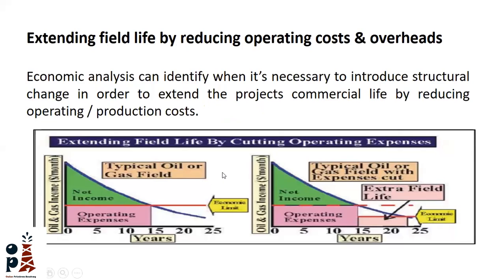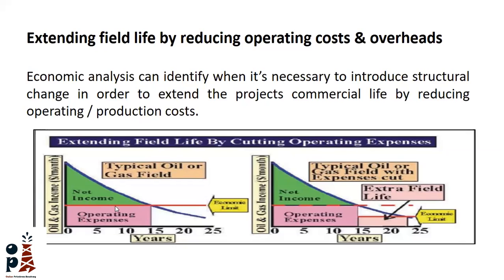Another way to extend the field life is by reducing what is called operating cost and overheads. Operating cost is usually the cost you pay every day as the project is running, and overheads is what we pay for salaries. If you want to extend the life cycle of the field, you should decrease your operating cost.